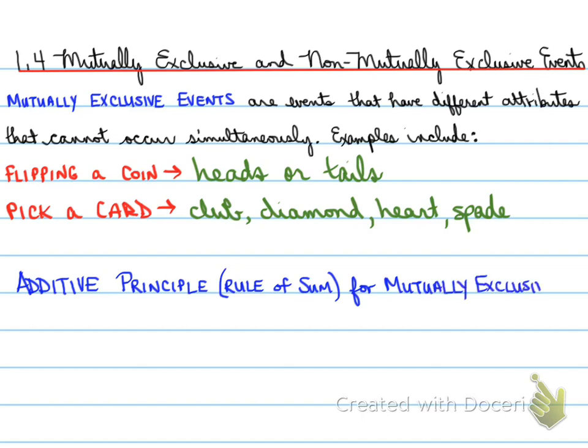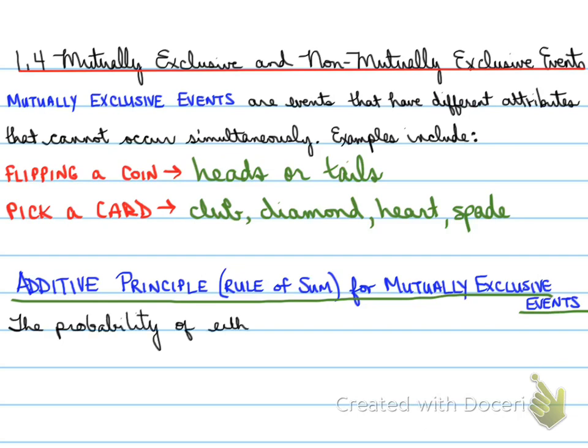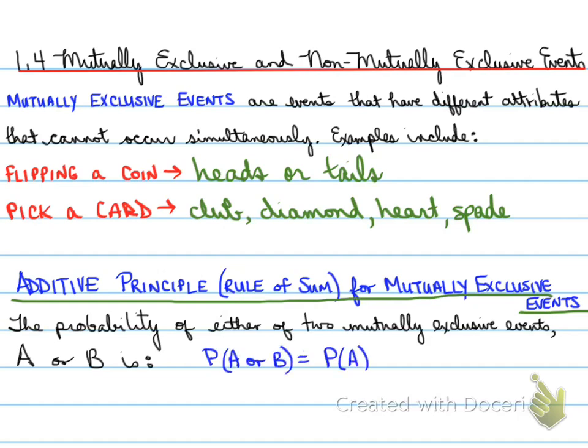Additive principle, the rule of sum for mutually exclusive events: the probability of either of two mutually exclusive events, A or B, is taking the probability of A and adding the probability of B. Now, instead of the word or, we tend to use the U symbol to indicate or, and that's what the book uses.